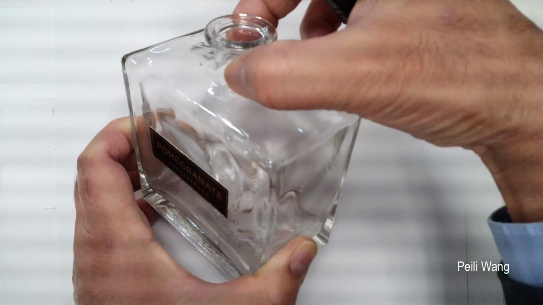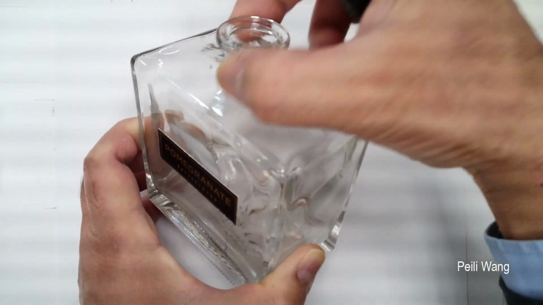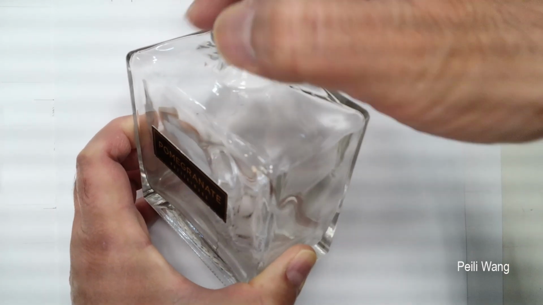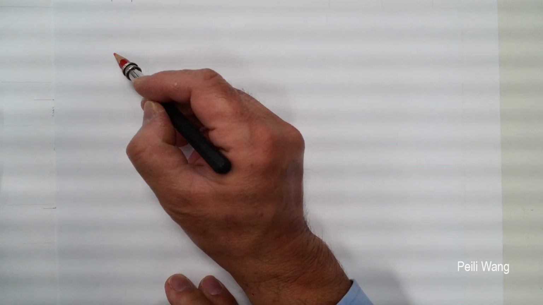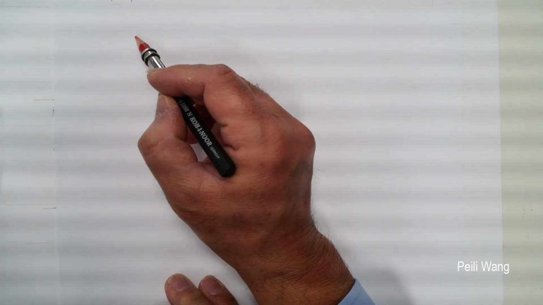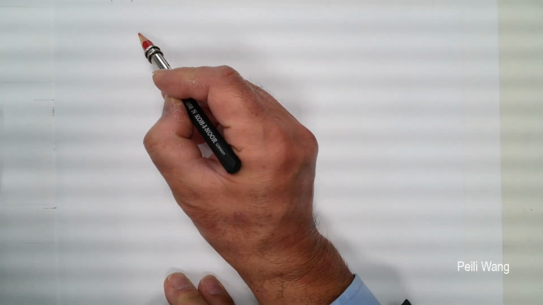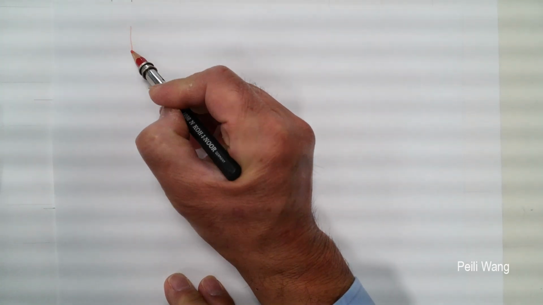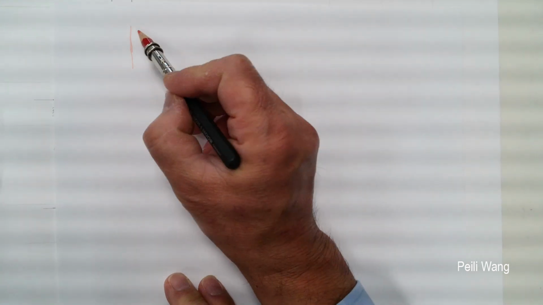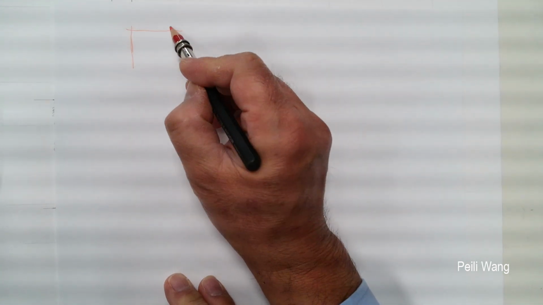Okay, and also this part, cylinder, right? Cylinder, circle. How can I make a circle? If I want to make a circle for 2D drawing, typically we have to make the square first, right?